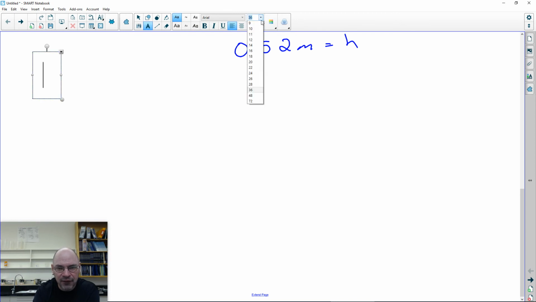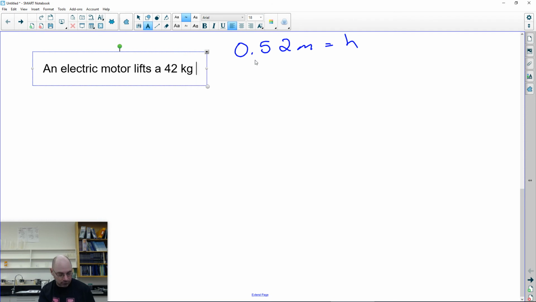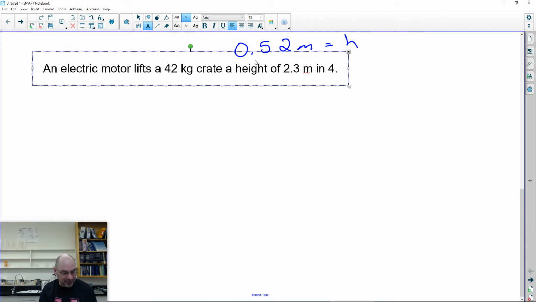So again, if we just say an electric motor lifts a 42 kilogram crate a height of, let's say, 2.3 meters in 4.7 seconds.